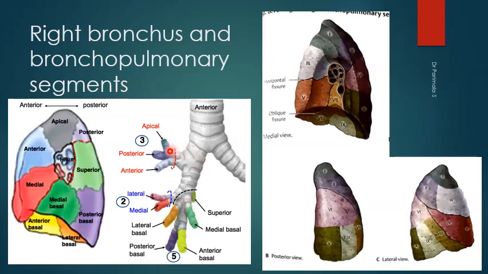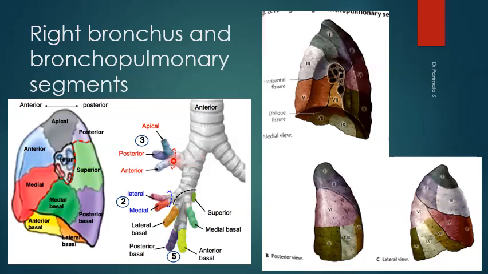So upper lobe bronchus, which is also called as eparterial bronchus, arises from the superolateral aspect of the main bronchus, about 2.5 centimeters distal to the tracheal bifurcation. So here, from here to here, the length will be around 2.5 centimeters.